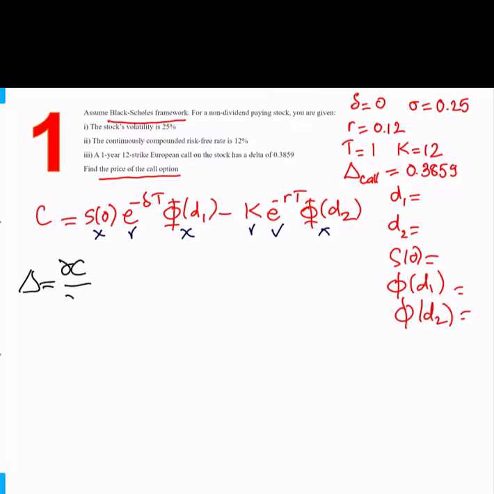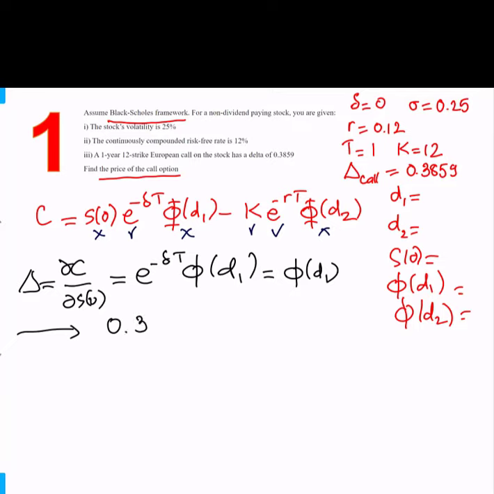So delta is just partial C over partial S0, which is e to the minus delta T Phi of d1. But e to the minus delta T is 1 because delta is equal to 0. So this is just Phi of d1.